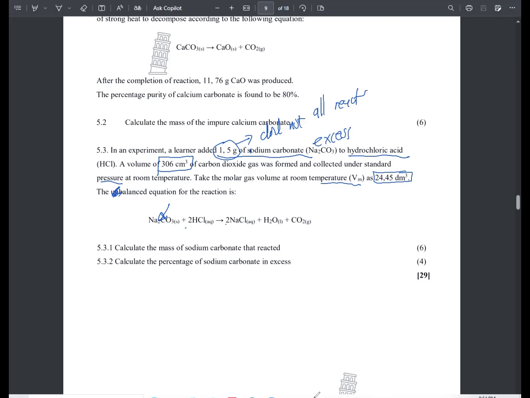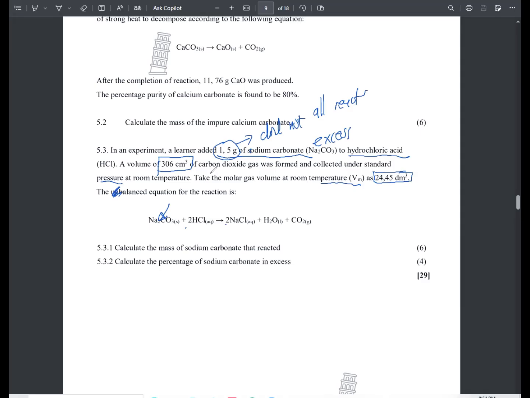So learn to read in such a way that you analyze what's going on. That means we can't use that 1.5 gram to calculate, because this represents a mass that did not completely react. Remember, when we perform our stoichiometric steps, we normally focus on the number of moles of something that reacted, or it should be a product.